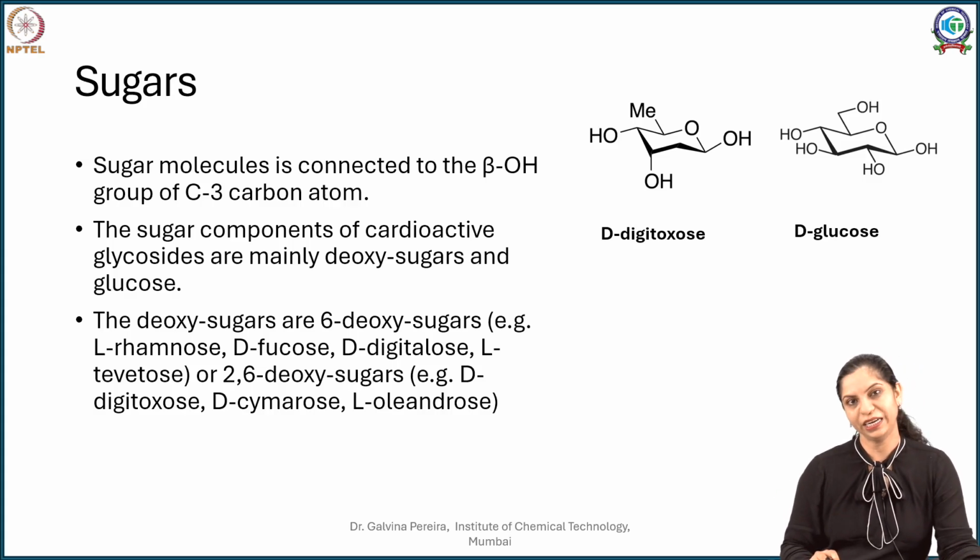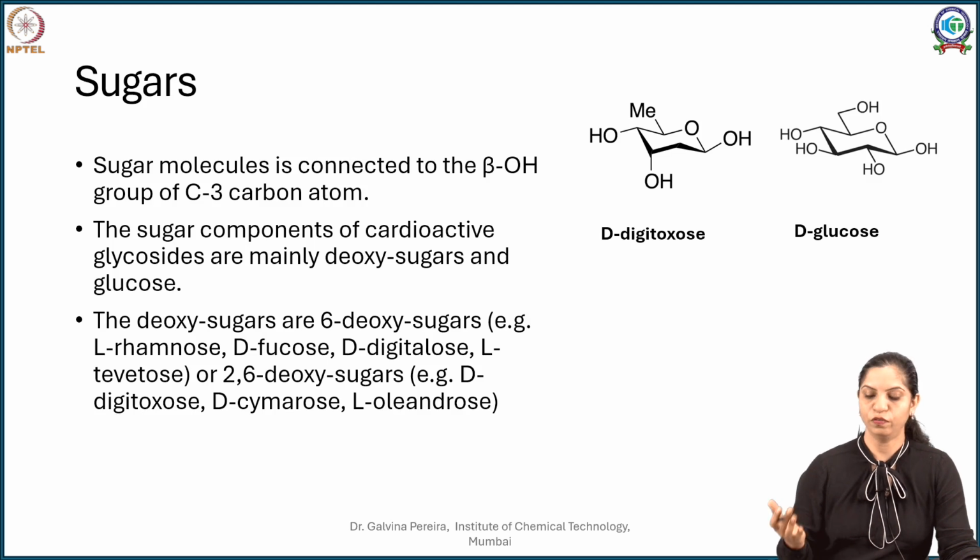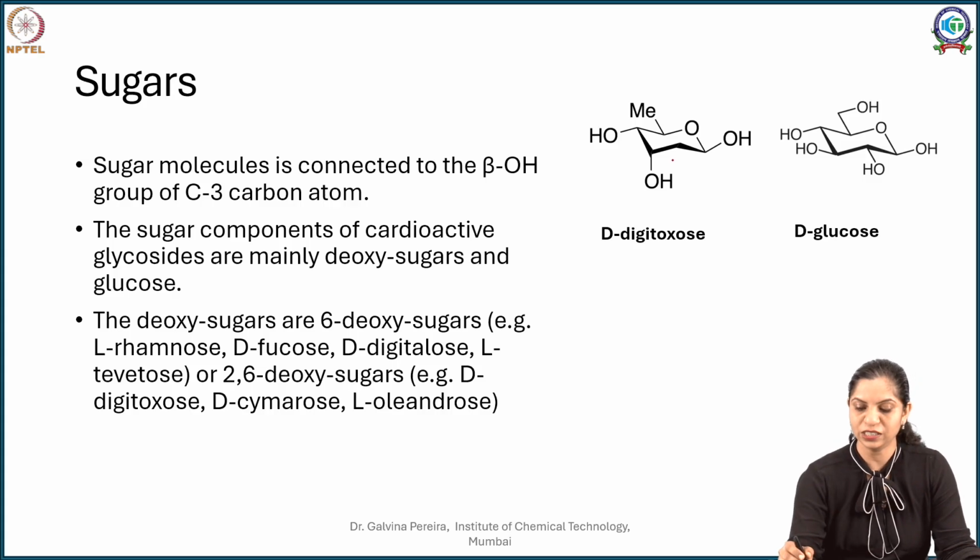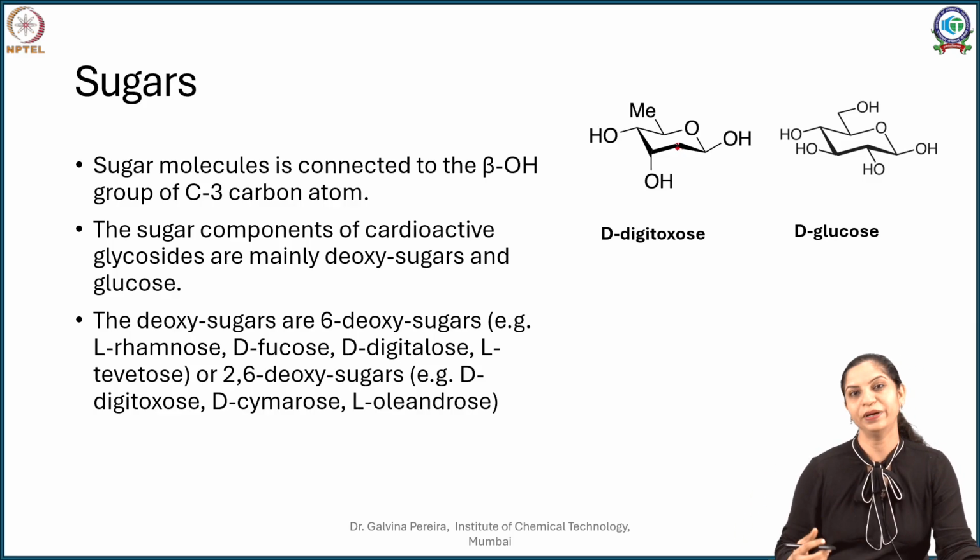Predominantly these sugars include deoxy sugars. A good example of a deoxy sugar is digitoxose, which is present in Digitalis. If you look at this particular carbon, it is a deoxy carbon here, whereas this is your glucose. Apart from it, some of them are also found to contain rhamnose.